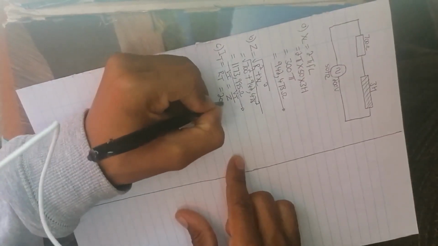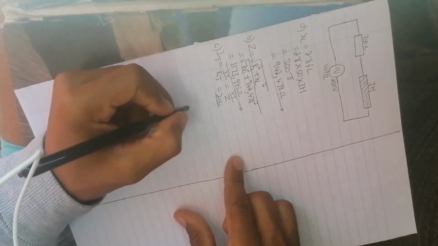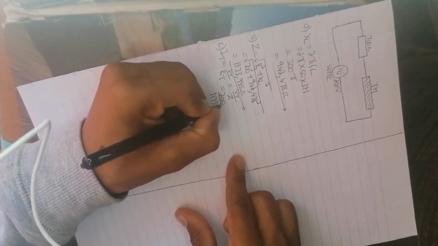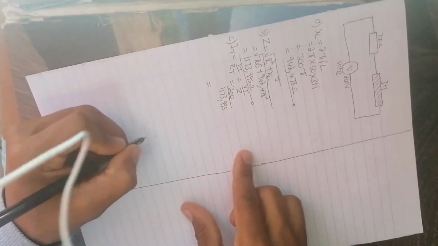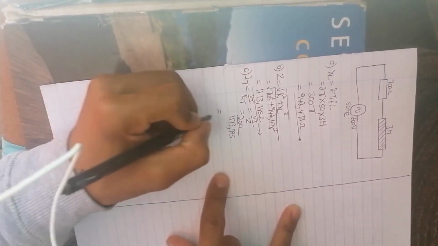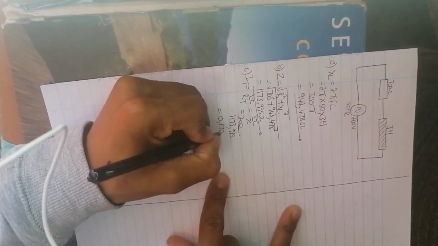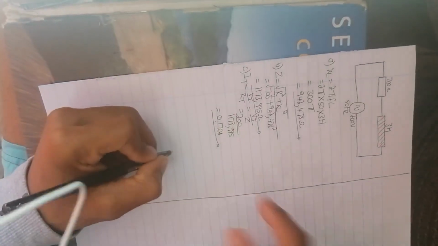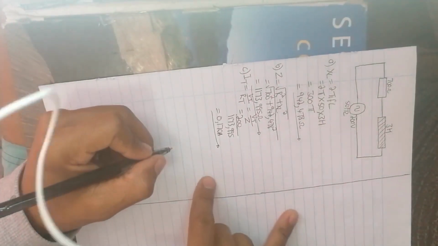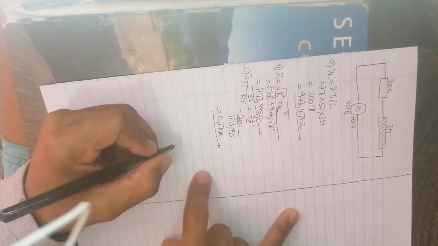This will be 200 volts divided by 1173.995, and we should find the current flowing in the circuit as 0.170 amperes. This is the amount of current that is flowing in the circuit.